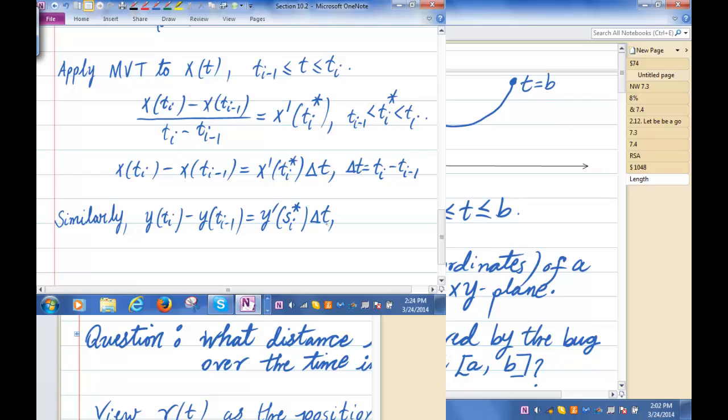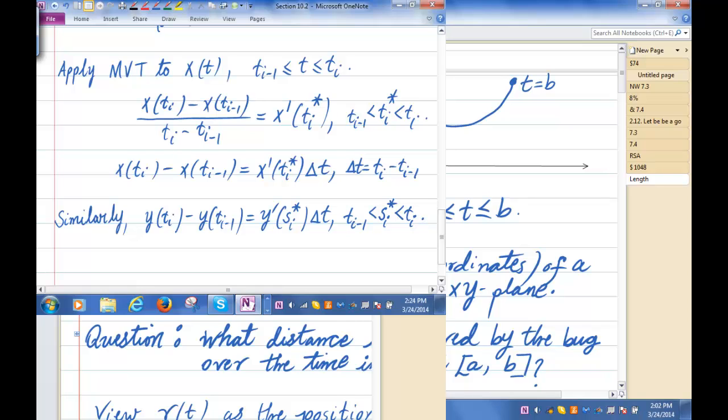And where delta t is as before, and s i star is in the interval just like the other one, this would be s i star less than t i here.